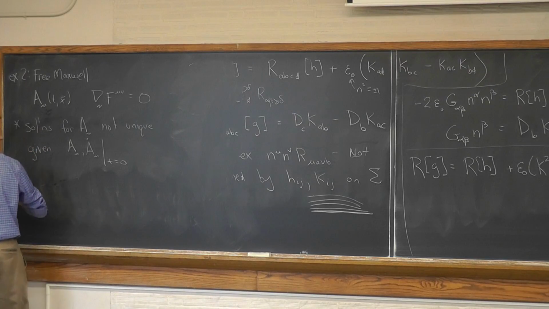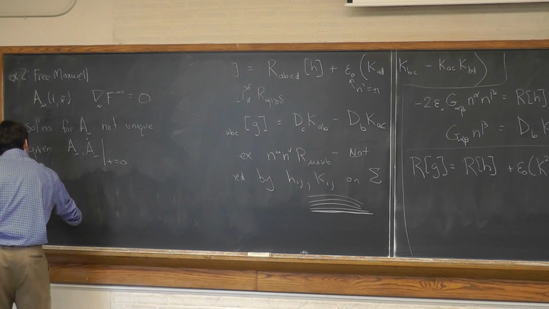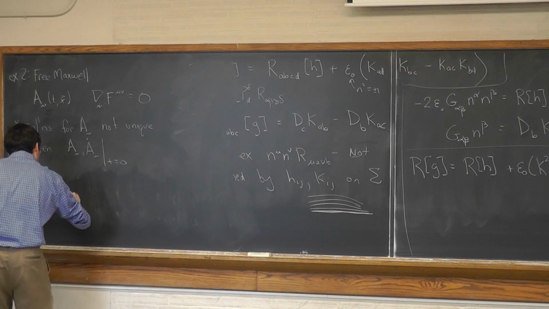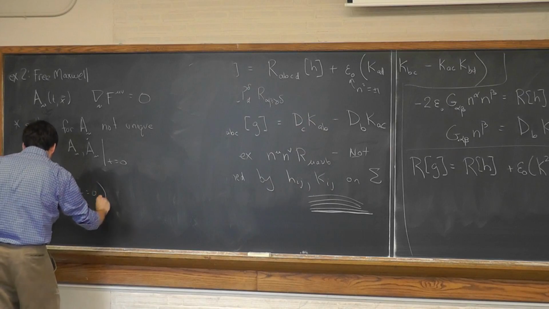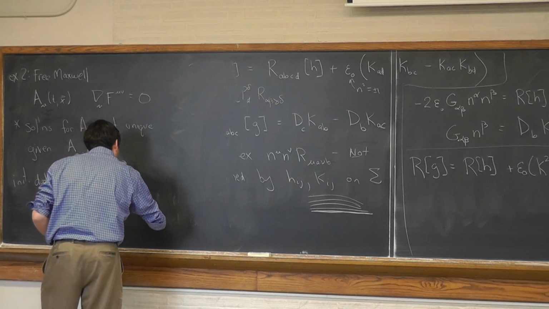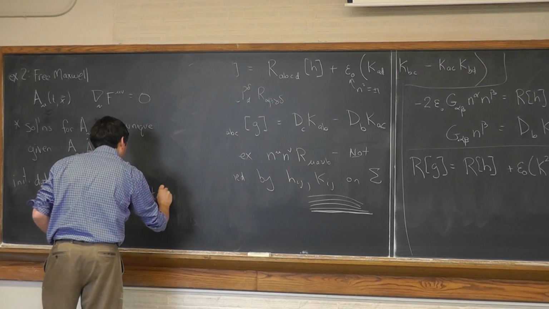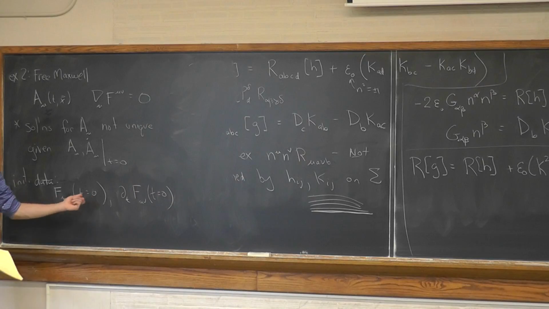So in E&M, the correct way to think about the initial value problem is that the initial data consists of F mu nu at time 0, and dt of F mu nu at time 0. That is the E and B fields.